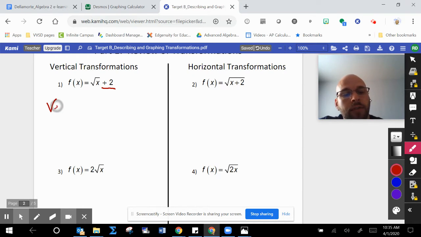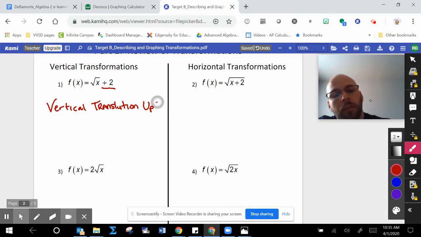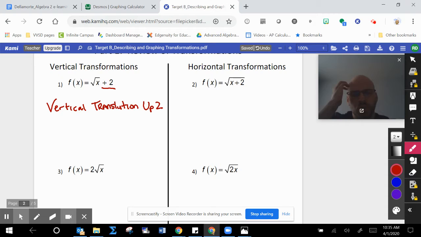That is going to be a vertical translation up 2. Now, if we were to subtract 2, that would, of course, go down 2. So we know whether we're going up or down. Okay, so anytime you add or subtract a value to the outside of your radical, it's going to be a vertical slide or a vertical shift up or down.